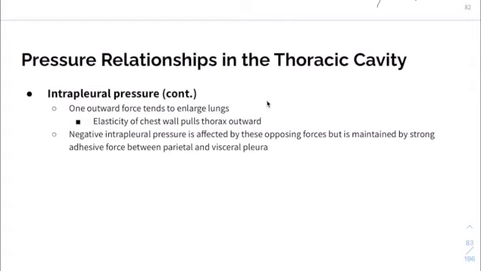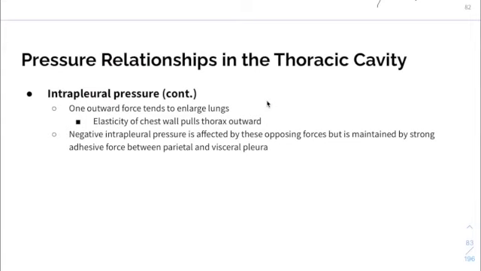So as our chest expands, our lungs expand, and because of those elastic fibers, our lungs will recoil and go back to their natural size as our chest wall will also go back down to its normal position.